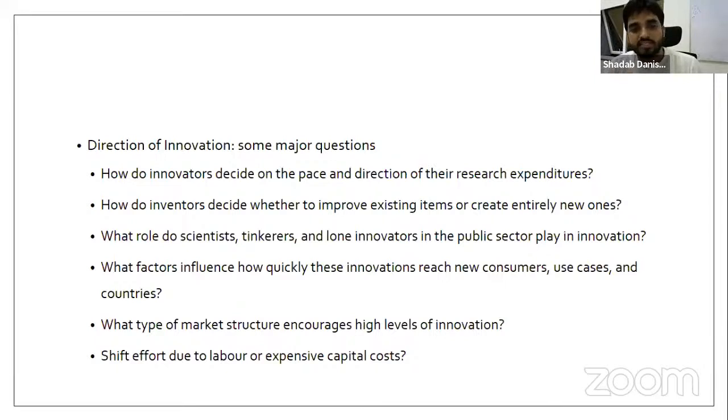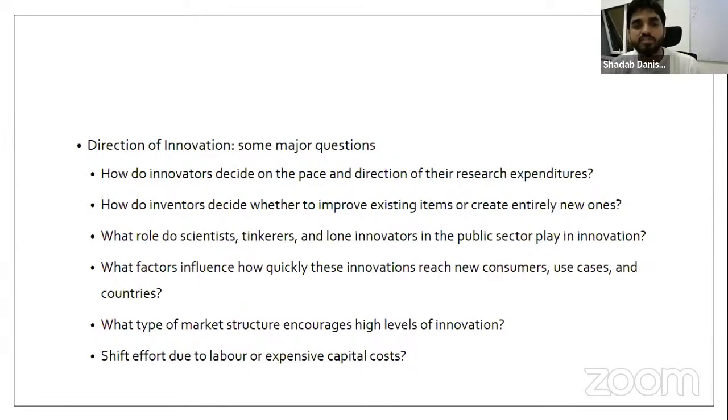What role do scientists, thinkers, those who own small labs and keep redoing things, independent thinkers, and lone innovators in the public sector play in innovation? One can look at the different agents, their innovative capabilities, and how they are contributing in the innovation field.